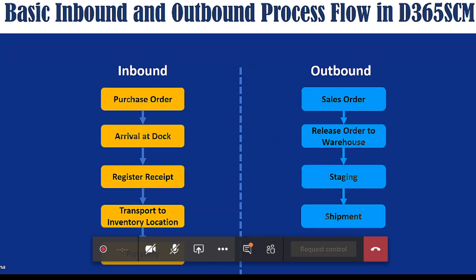For example, you can do the staging. The staging is the next step. It will be put into a staging location to be packed, and once you've done that, you will ship it. For the shipping part, you will combine loads, and then you'll have a truckload, and then you'll be doing the shipment part of it. So that's the basic inbound and outbound process.